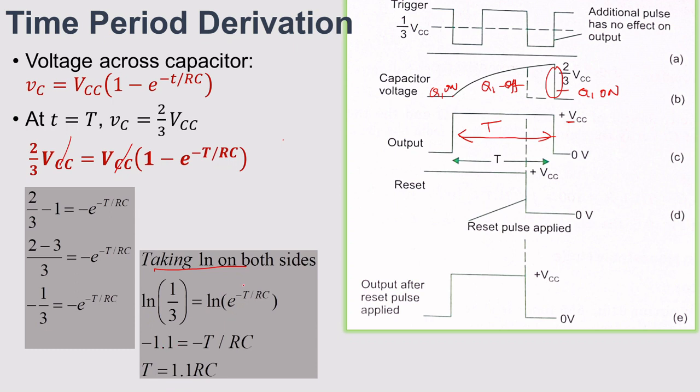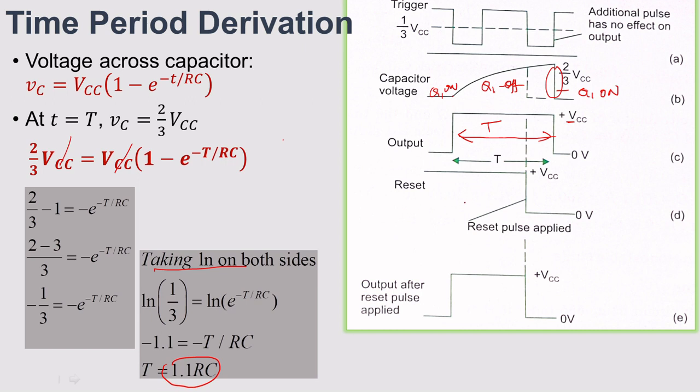Then minus 1.1 equals minus T by RC, so you will get T equals 1.1 RC. From this you can clearly understand that the timing interval is independent of the supply voltage. That is very important. The timing interval is independent of the supply voltage. It is dependent only on the RC value.